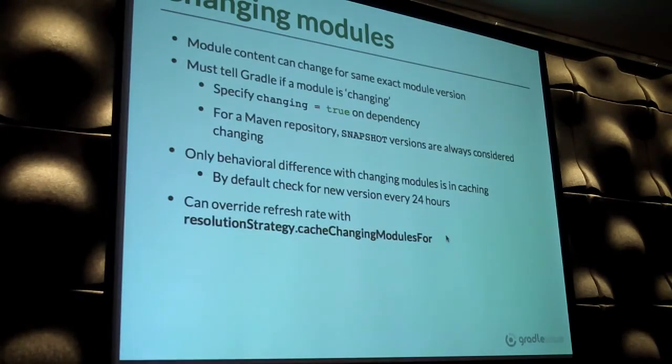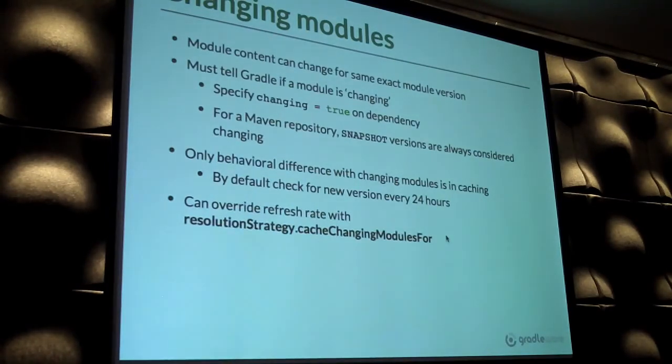Is there no closure that can be called on the dependency to set the flag changing true based on some dynamic logic? Not directly, not in a declarative way. There's a way you can do it with Groovy by iterating through every dependency and setting changing as true. Because there is the closure for the selected version, for impacting the way the version is selected.